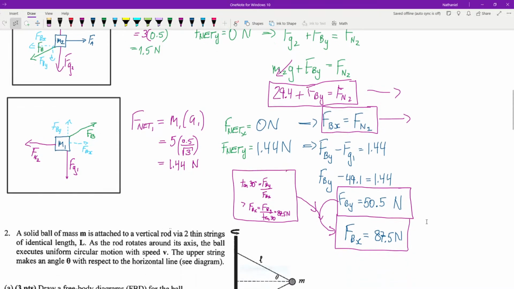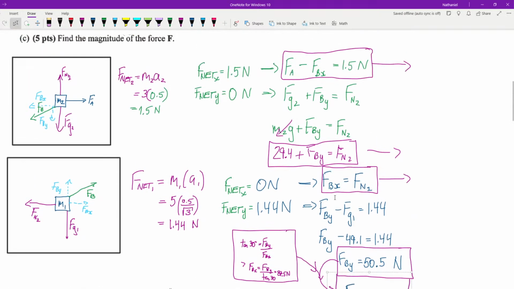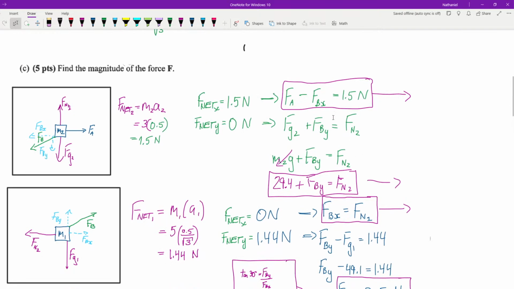So we get FBX and FBY, so let's go back. So now we know FN1. Do we really need to know that? No, what are we even after here? We're after FA, so let's use that equation. We can find FA. So FA is equal to 1.5 plus FBX. FBX we said was 87.5.